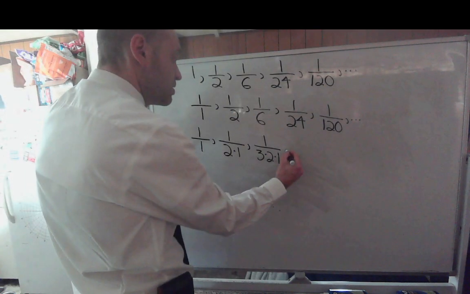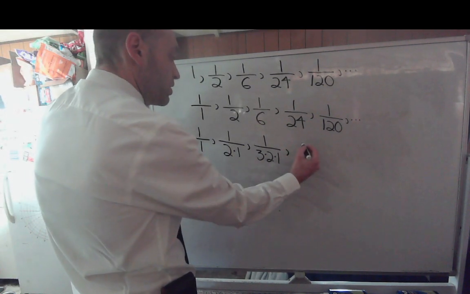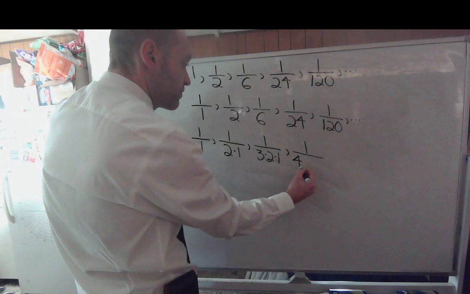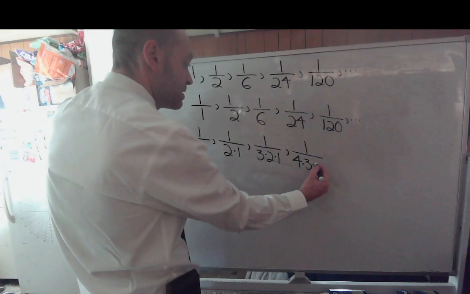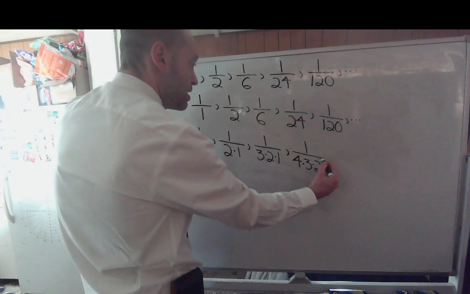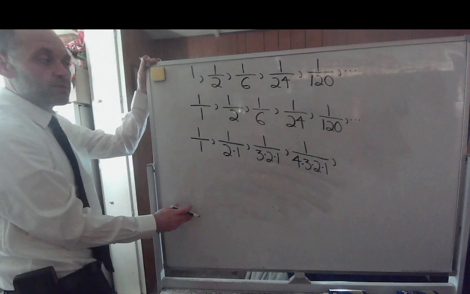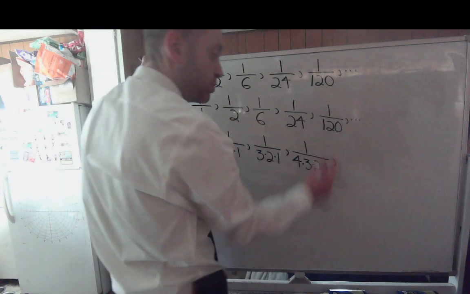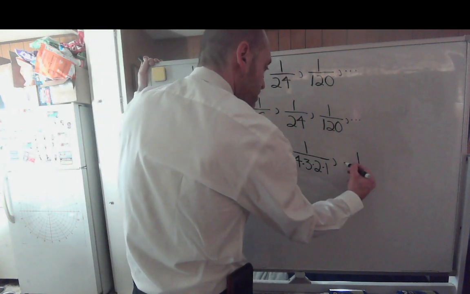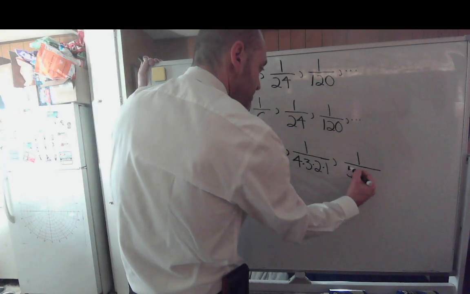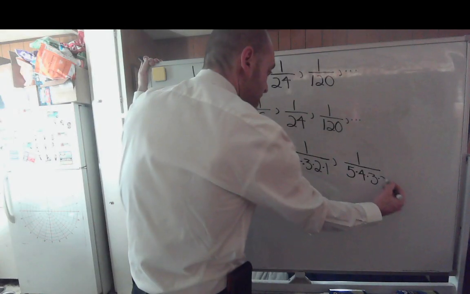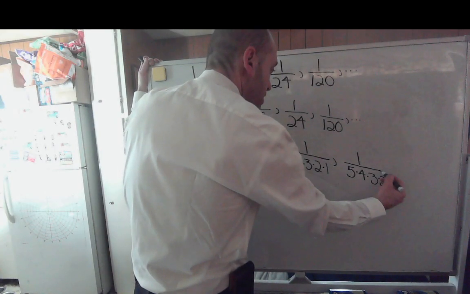And then what about 1 over 24? Isn't that the same thing as 1 over 4 times 3 times 2 times 1? And you're probably starting to see where I'm going with this, but let's expand out to 1/120th. The 120 is the exact same thing as 5 times 4 times 3 times 2 times 1.